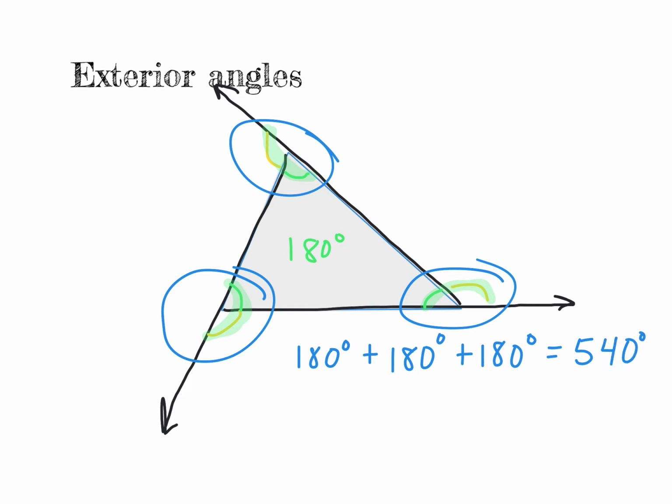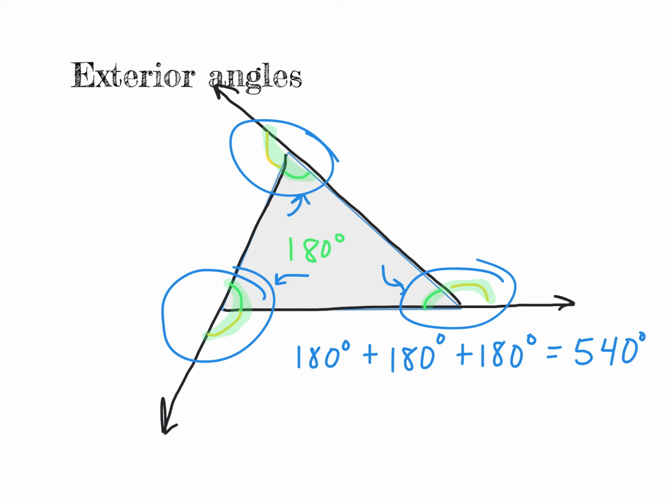And that's a great starting point, but what we've included here are the measurements of the interior angles as well. So we have a little bit too much when it comes to looking at the total sum of our exterior angles. So how are we going to find out the actual total of our exterior angles if right now we have a combination of exterior and interiors?